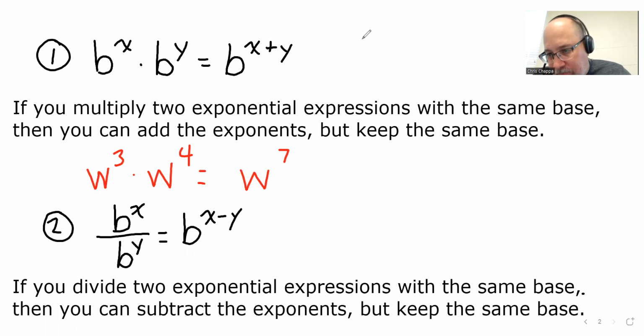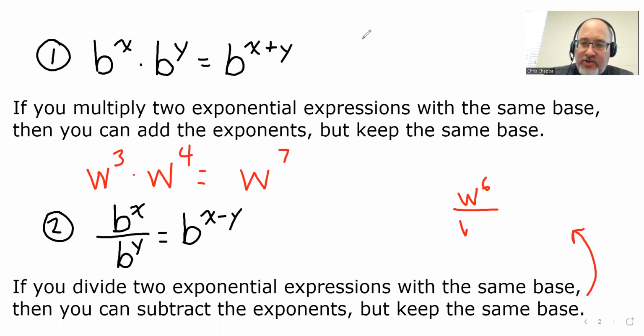Sorry, there's a little hair on my screen or something. For example, if you had something like w to the 6th power divided by w to the 2nd power, you would just subtract the exponents. It's always top minus bottom. 6 minus 2 is 4. Even if the top number is smaller, it's always top minus bottom.